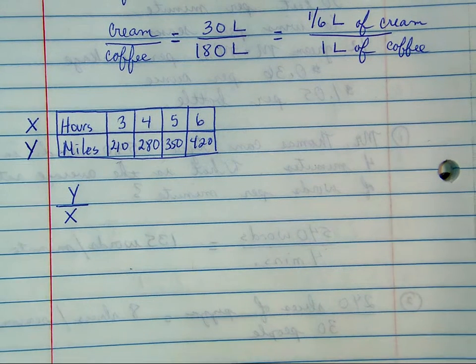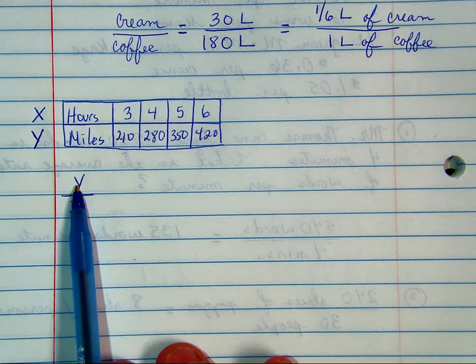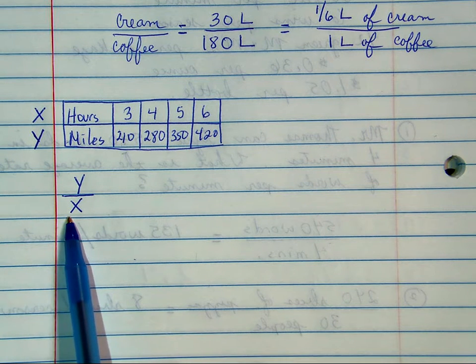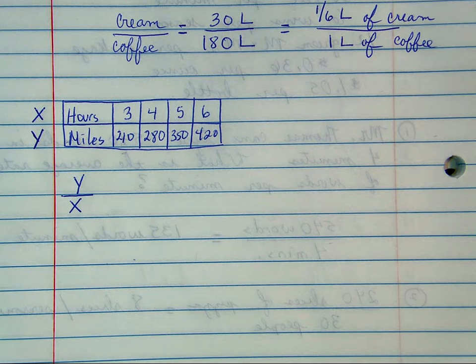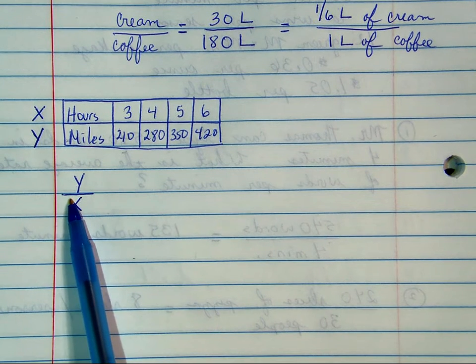The number of miles traveled depends on how many hours we're driving. Correct? The distance traveled depends on how long we are traveling for.